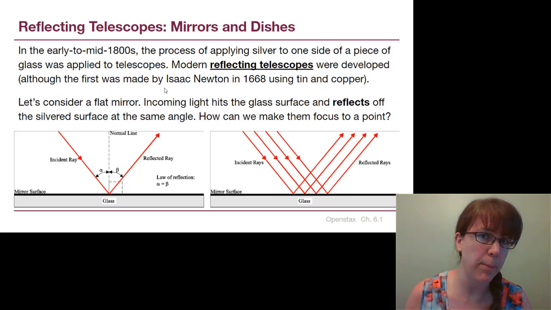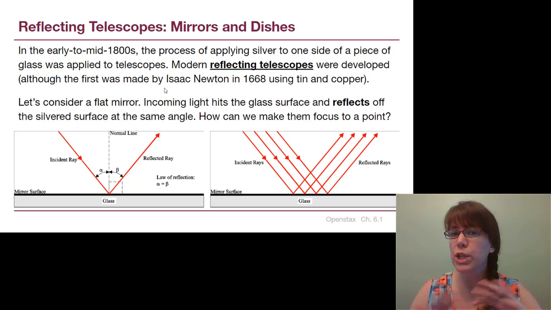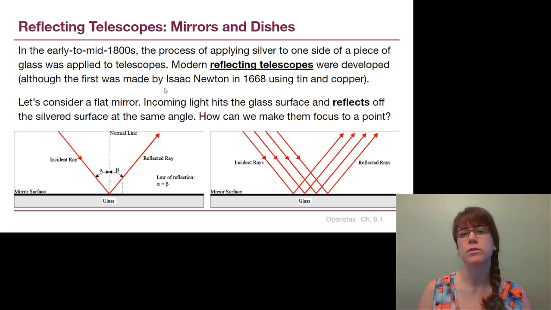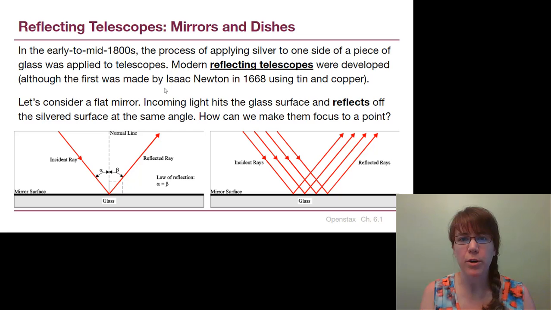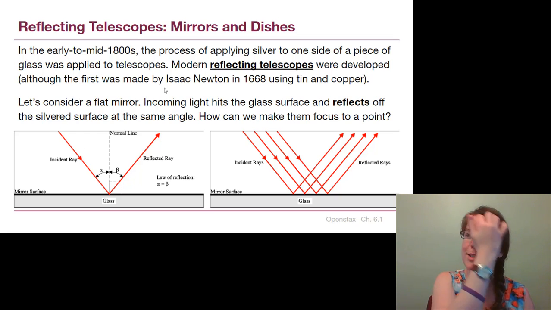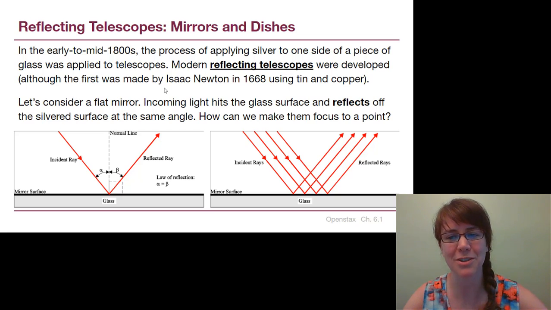Now let's consider a flat mirror, okay? So all of us have probably seen a mirror in our lives, unless we're vampires, I suppose. But if we think about a mirror, we typically don't think about the science behind them. We just are checking to make sure there's no food in our teeth, to make sure our hair's in the right spot, right? However we use those mirrors.